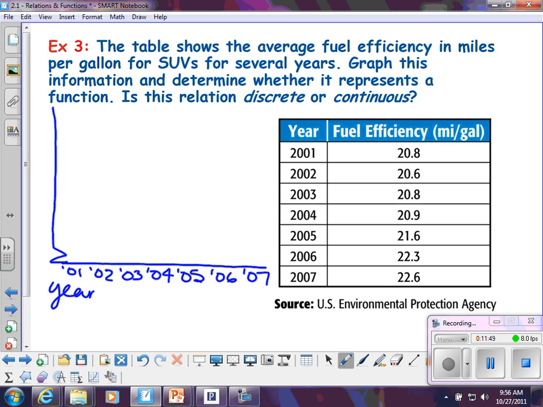20.5. So we're going to go by 0.5s. Okay, 20.5. So the next one would be 21, and then the next one's going to be 21.5, and the next one's going to be 22. Do I need anything above 22? Yes. 22.5.